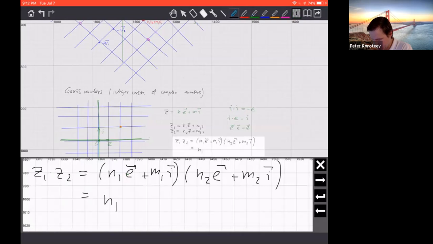It will be N1, N2 times E. And then when you multiply M1 and M2, we'll get a minus sign, right?